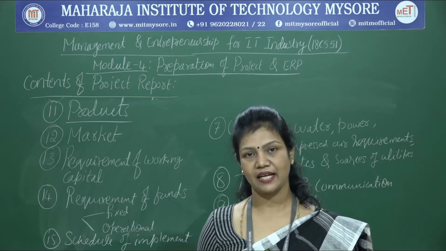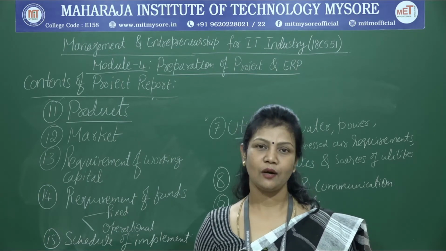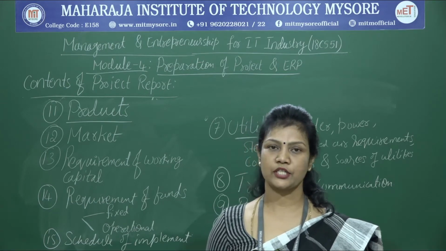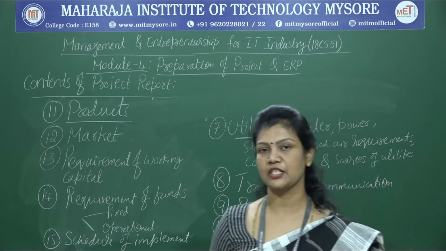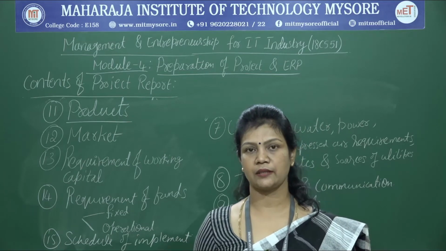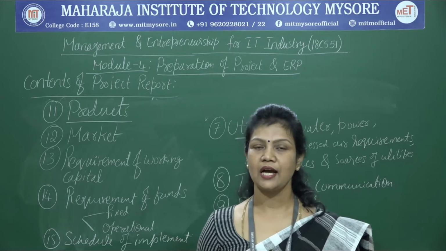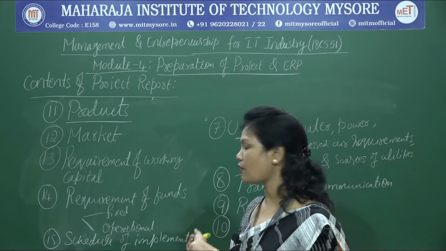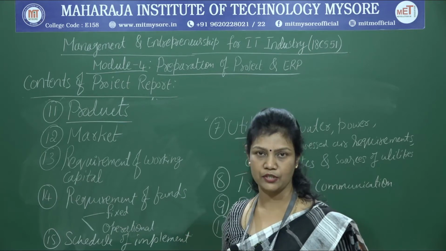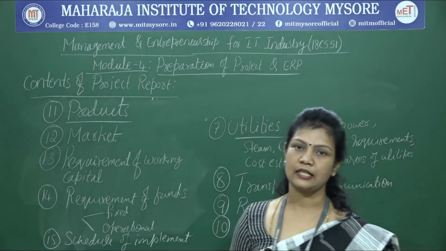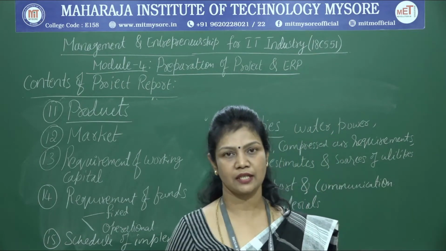How much time they need to obtain all the facilities needed to carry out the production process has to be mentioned, and also how much time they need to start up the project and to end the project. That is, the schedule of implementing the project needs to be specified by the entrepreneur under the contents of project report.